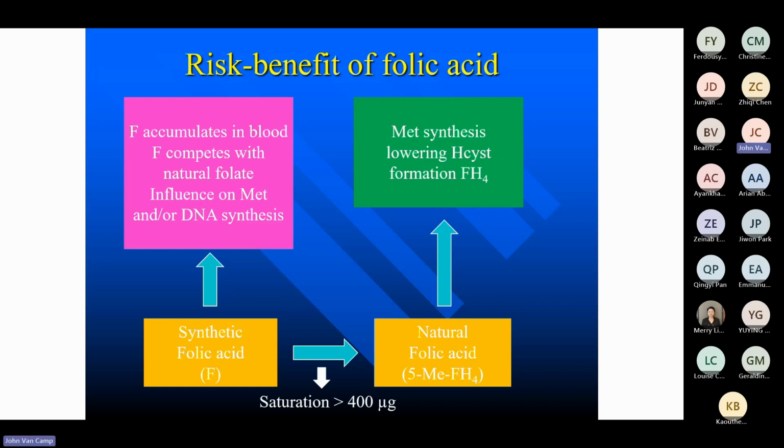So it means that we don't have natural folic acid, but we have accumulation of synthetic folic acid. And this synthetic folic acid will then accumulate in the blood, will compete with the natural folate, and will influence methionine or DNA synthesis. So it's not a healthy condition to have high levels of synthetic folic acid circulating in the blood. We don't want that.